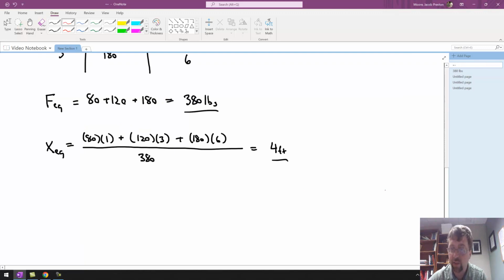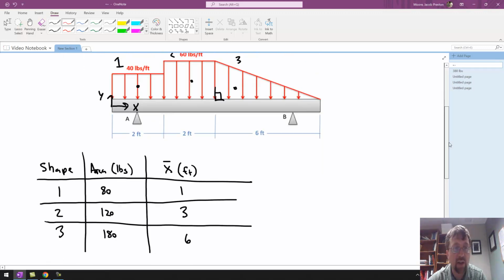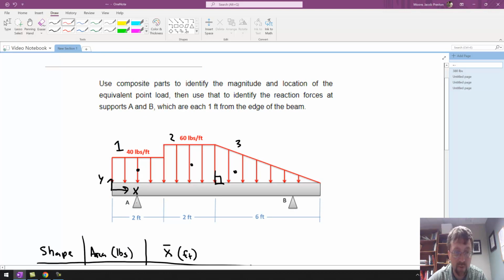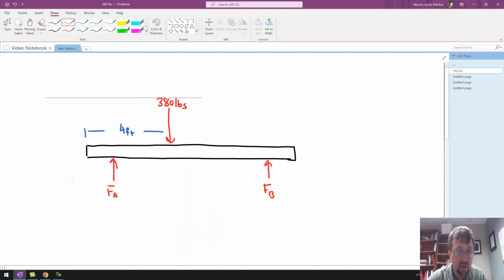I'm going to look back and see the dimensions. So A, I know, was 1 foot from the end, that's stated in the problem, so it's 1 foot to get to A, and then to get to B, it's a total of 10 feet long, so B is 9 feet out. So this is 1 foot, this is 9 feet.